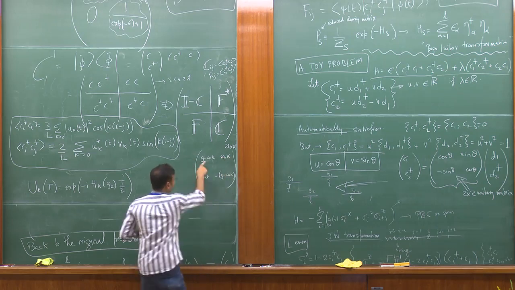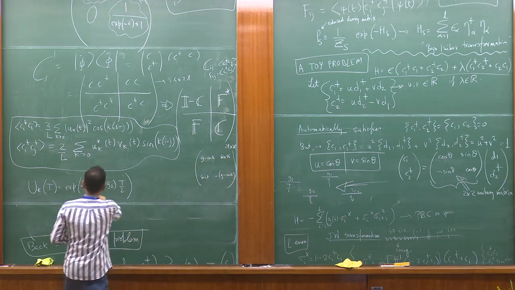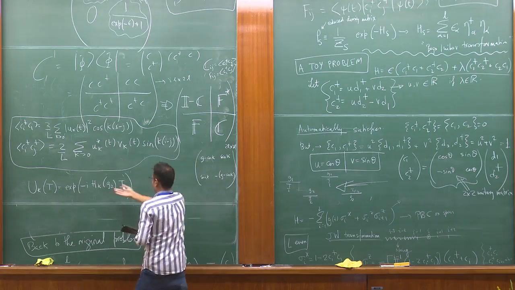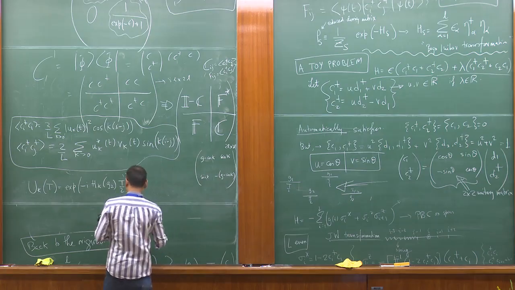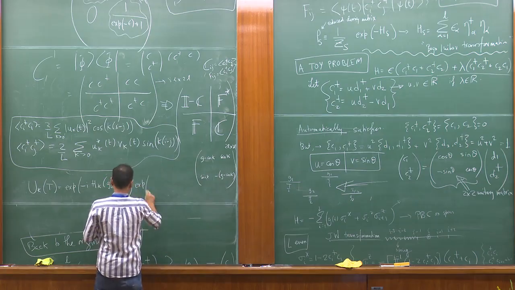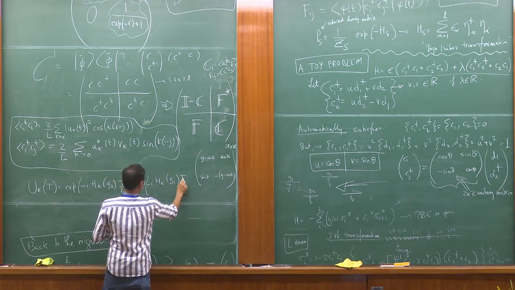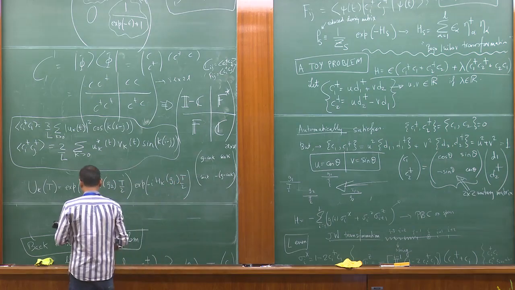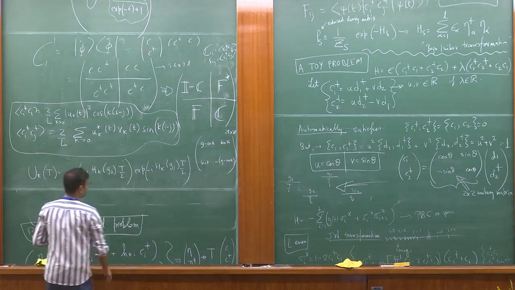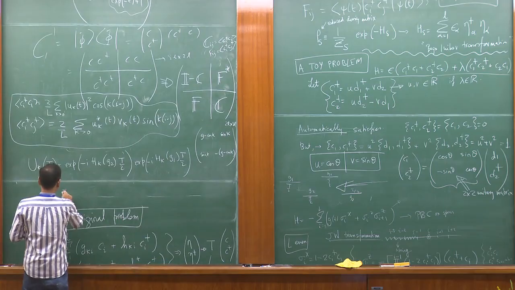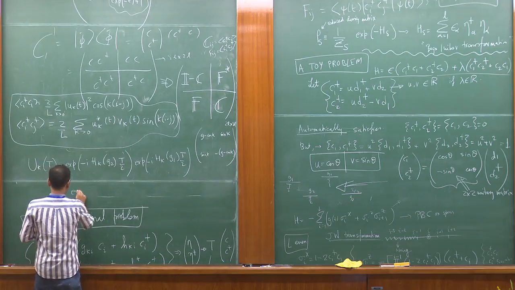Right? So if I give you a g, then you know what this hk of g is. So that's this thing, and this is how you generate the unitary matrix, and this is the final unitary matrix. But whatever this unitary matrix is, this can always be written in this form.